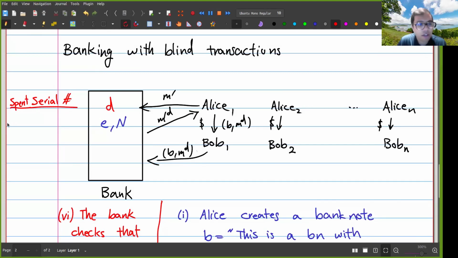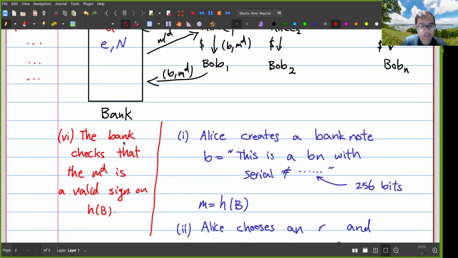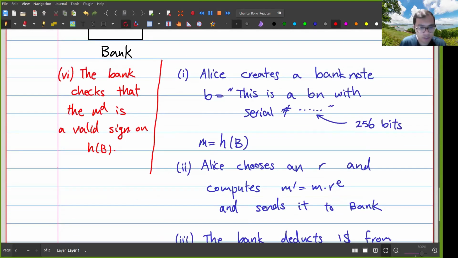So what are the serial numbers of all the banknotes that have already been deposited back into the bank? Okay, so here I have all of these serial numbers, and the bank just checks. It checks that I have not paid for the same serial number before. So this was the first check.